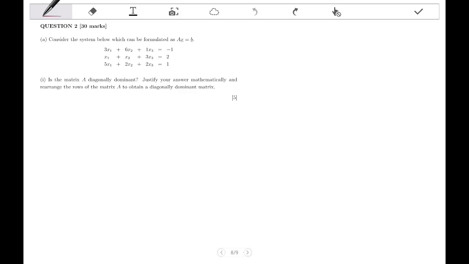Do you see this x1 here? Check the coefficient of it. If the coefficient of x1 is greater than the sum of the absolute values of the other elements, to check this, the absolute value of a_ii must be greater than the sum over all other elements, j not equal to i, of the absolute value of a_ij.